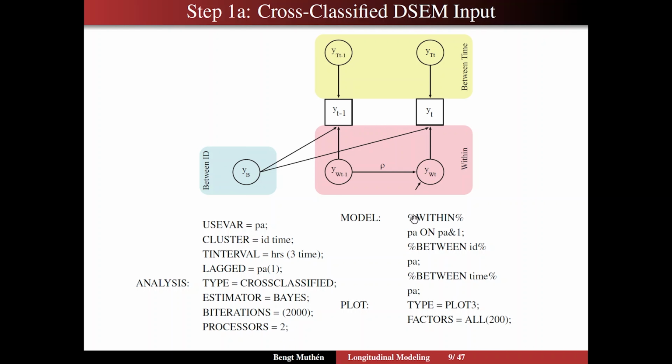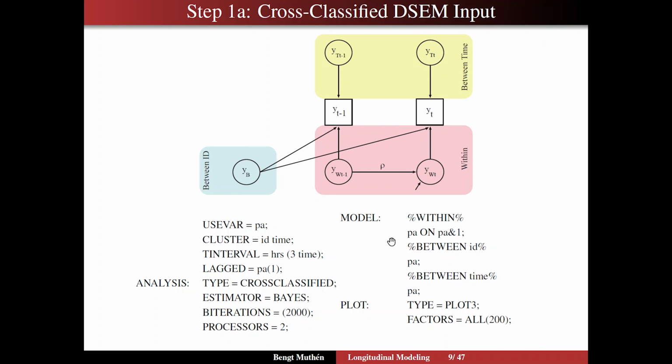The model then corresponds to the 3 parts here, the different colors: the within, between ID, and between time. And ID is the variable that you have here in the cluster option, and for between time, that time variable is the same as this. So time should be the same in between these 2 and also over here.